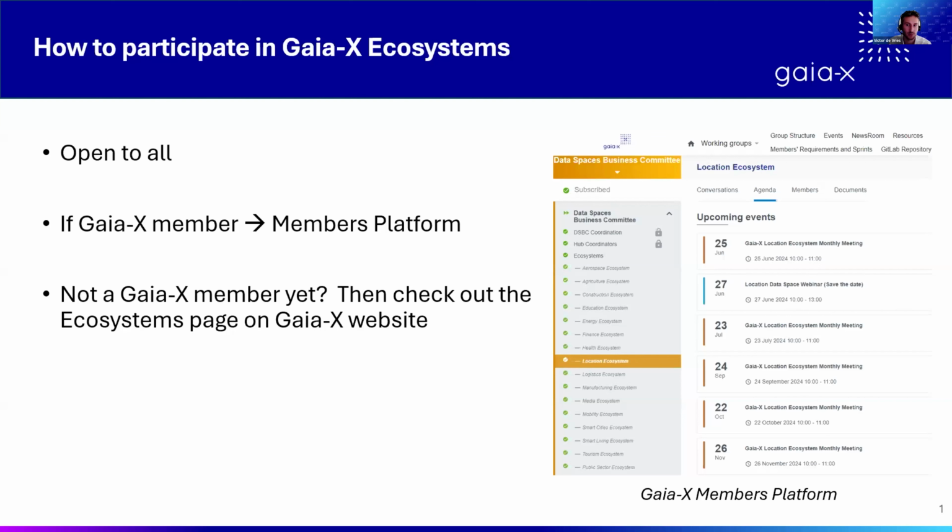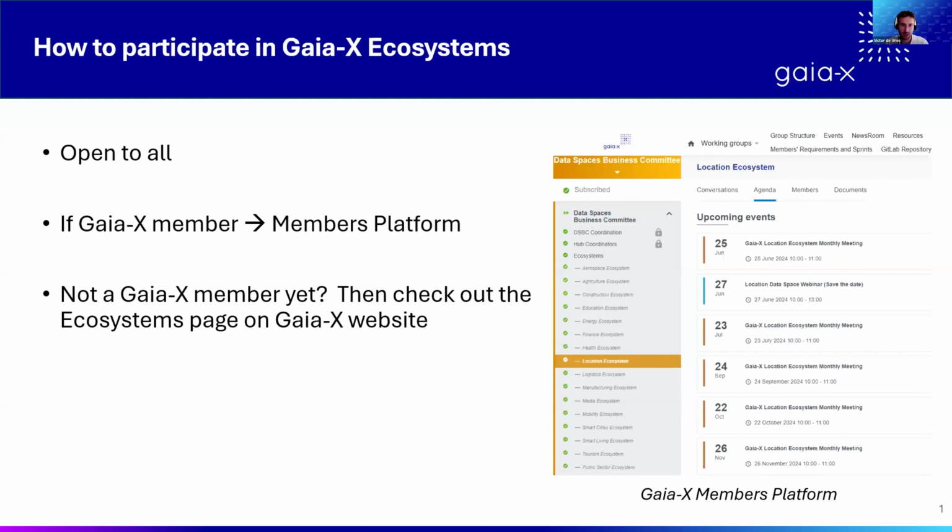If you are a Gaia-X member, I would encourage you to look at the Gaia-X members platform, where you can see the agenda for the upcoming meetings and any relevant documents. If you're not a Gaia-X member, you can check out the Gaia-X website, where you will find further information and contact information for how to participate. There are a number of ongoing conversations, such as identifying those common standards. This is exactly what Gaia-X is doing through the labeling framework, and also extending it to more domain specific requirements.